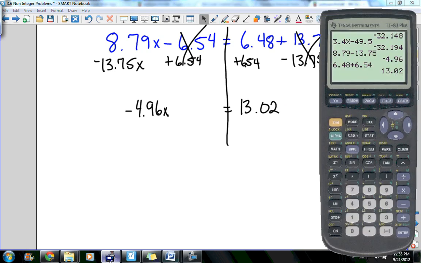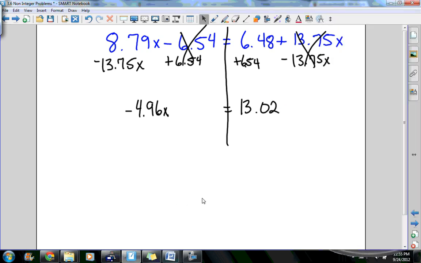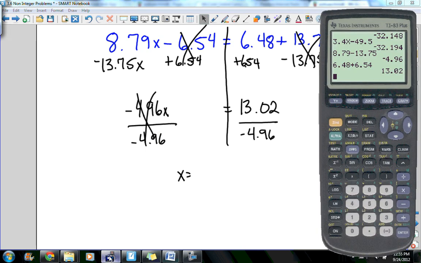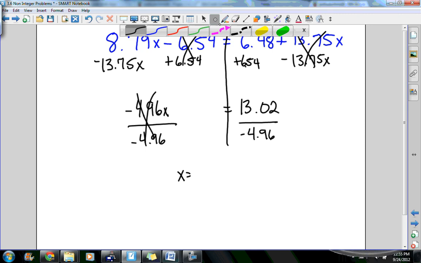Let me just double check that. Okay, so now I divide by the negative 4.96. So I get about negative 2.625.